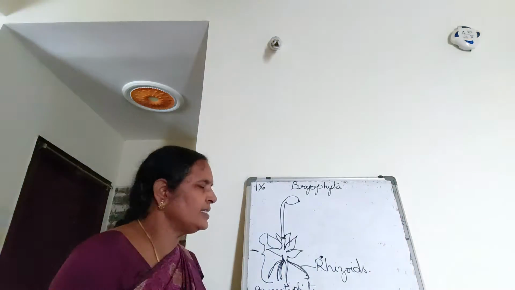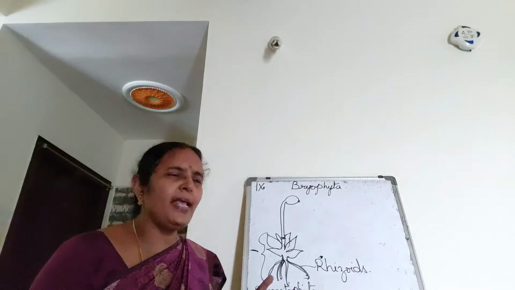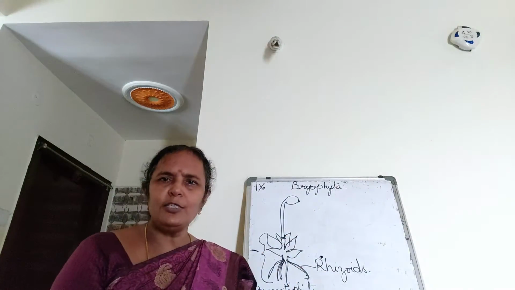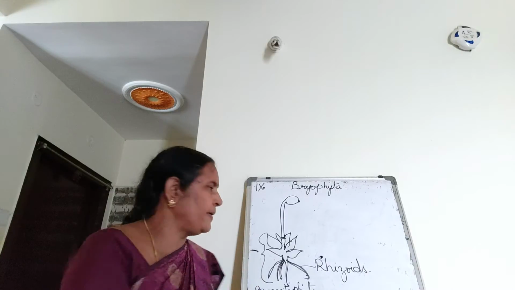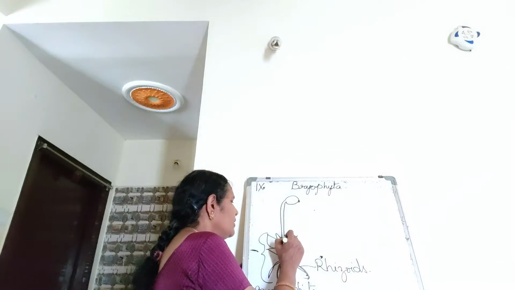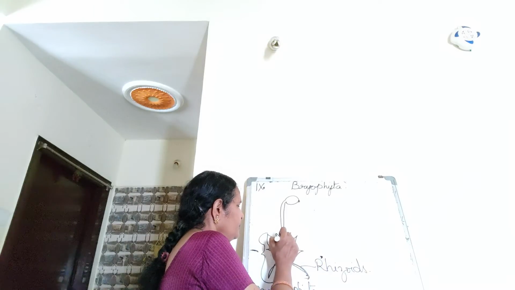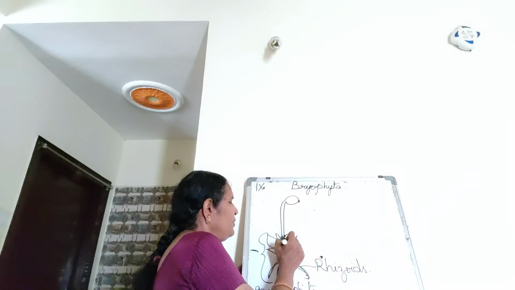Why it is considered as gametophyte? Because male and female gametes are produced in the tuft, in that bunch of the leaf-like structures. In the middle, here, a bunch of male and female gametes are produced.